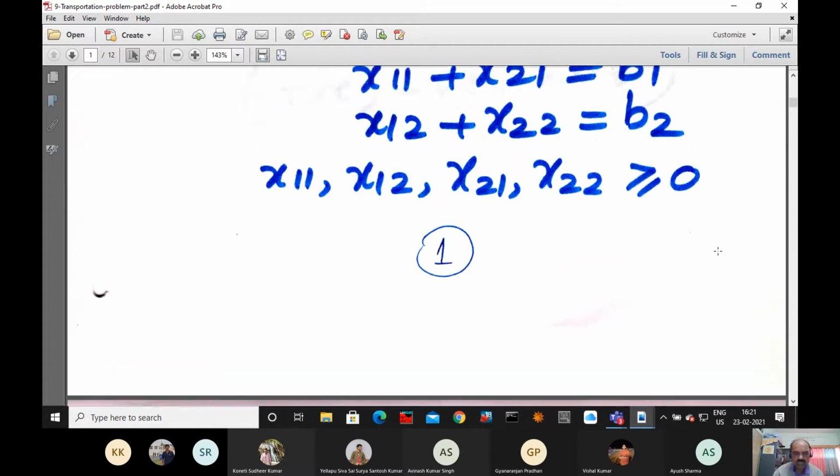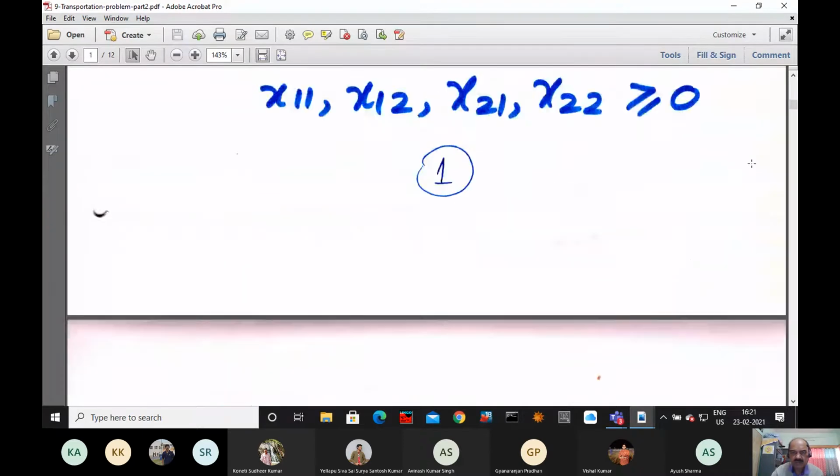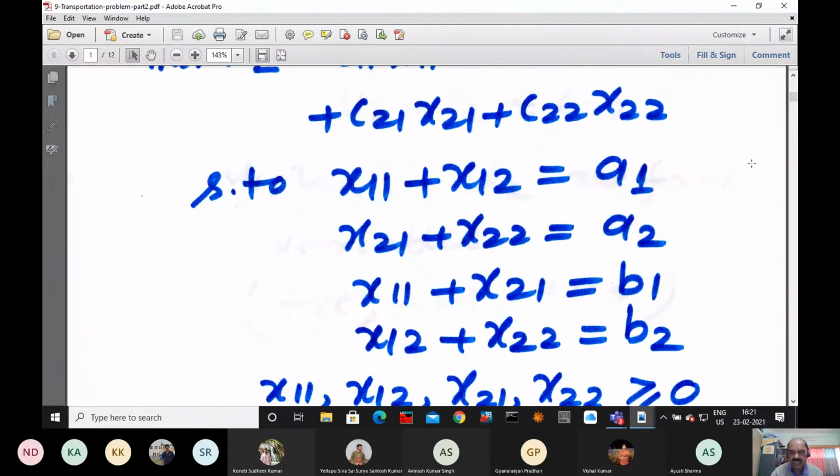So this model, as I told, we are going to find the dual. So see minutely this problem. How many constraints are there? There are 4 constraints. Since there are 4 constraints, we will have 4 dual variables.